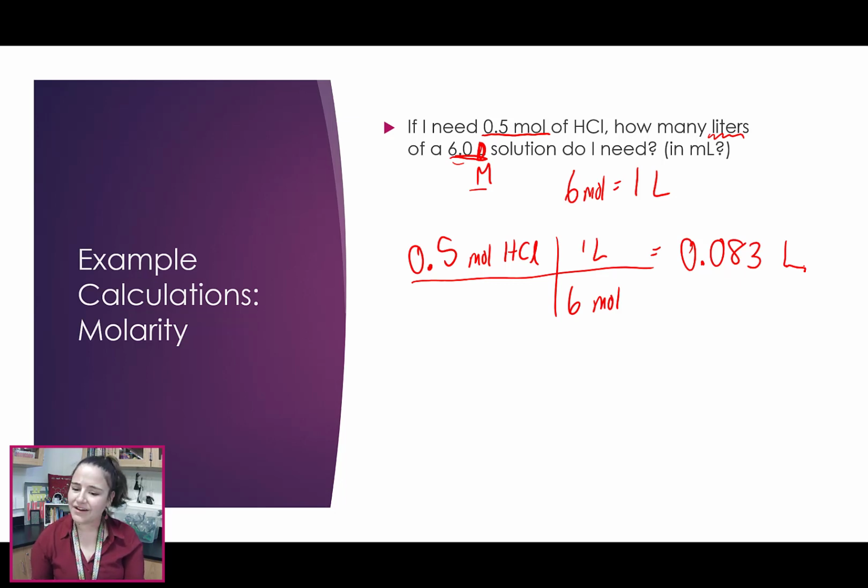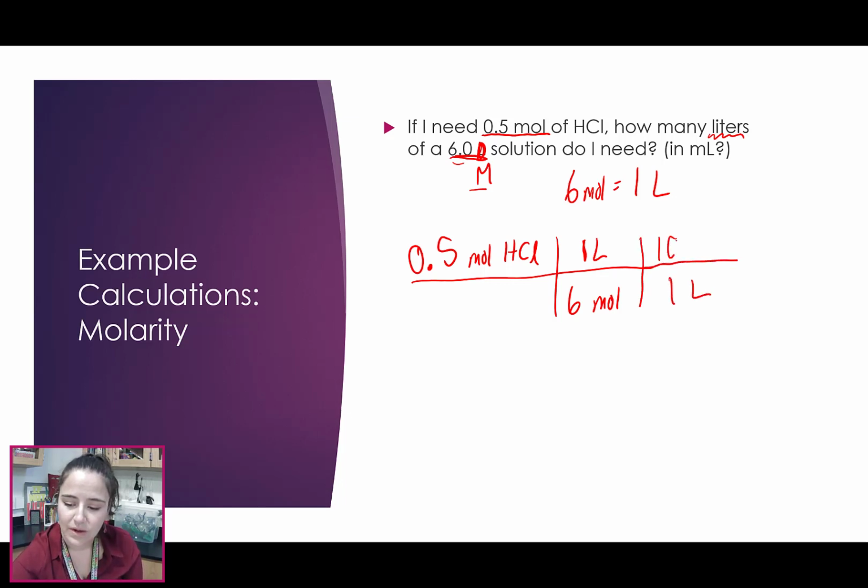So rather, let's go ahead and put it in milliliters. And we can actually do that by adding one more conversion factor onto our problem. So this would give me the answer in liters, but I know that 1 liter is 1,000 milliliters.